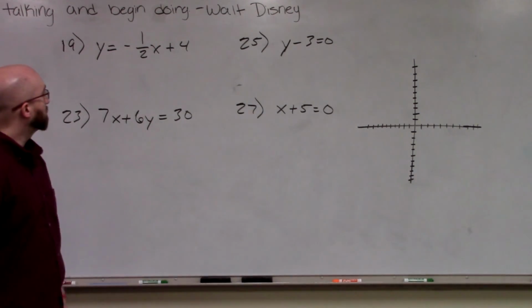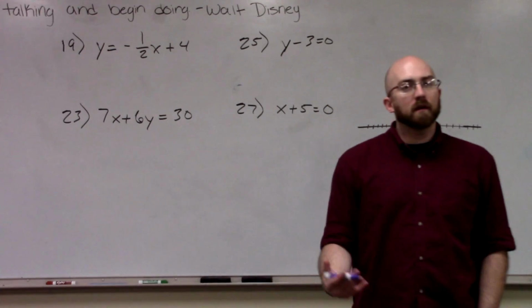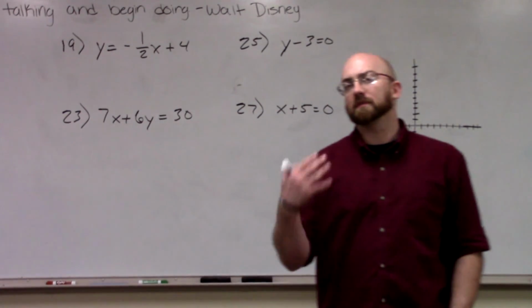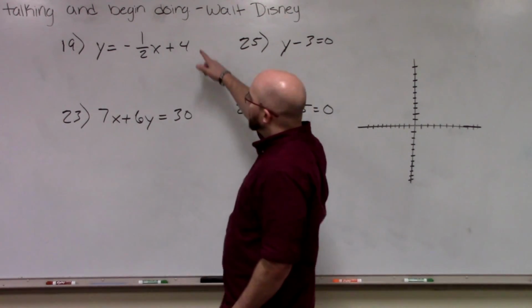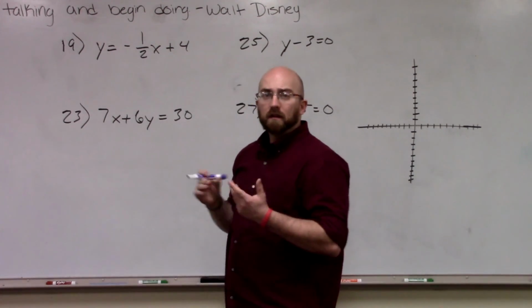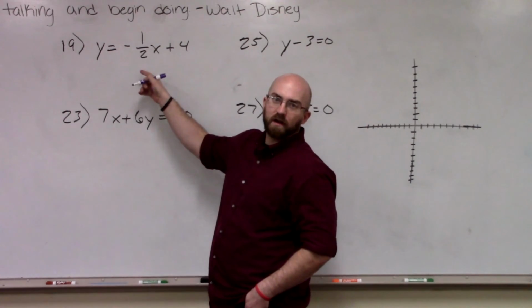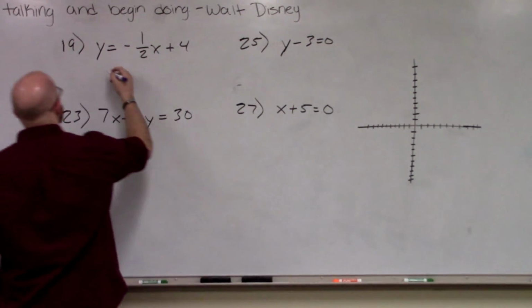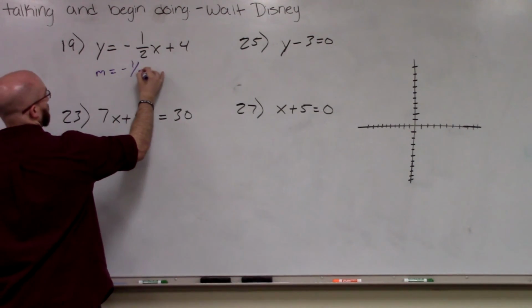Number 19, it's y equals negative 1/2 x plus 4. What I'm trying to get students to do is recognize what the slope is, and also recognize what form they have. This is easily in y equals mx plus b. Slope is whatever number is tied to the x in front of it, either multiplied or divided. So our slope is m equals negative 1/2.